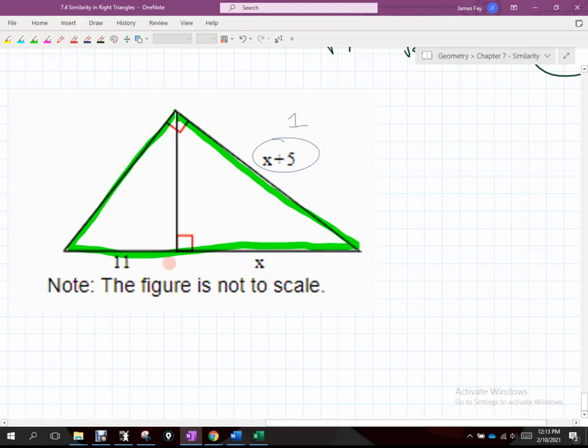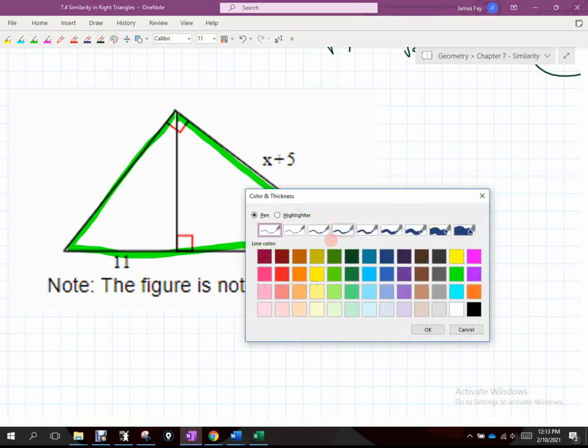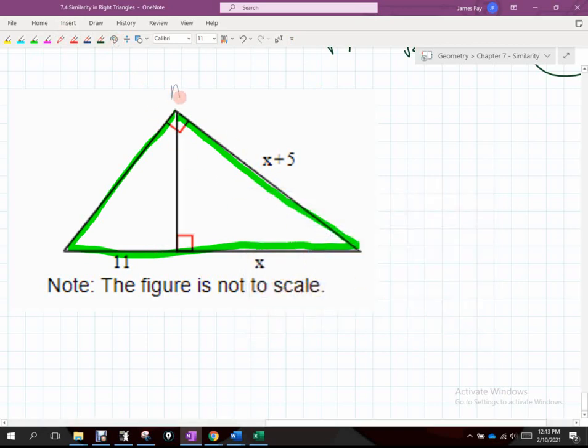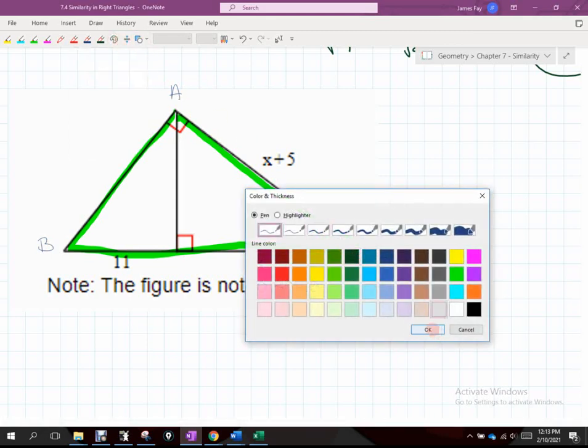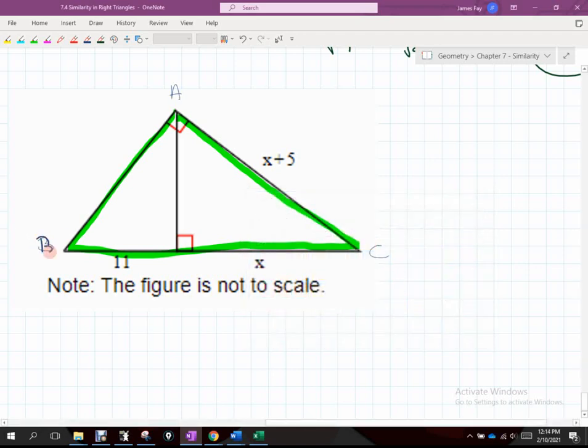If we label this as A, B, C, which segment is the hypotenuse? BC, right? That means that this is a leg and that's a leg, right?